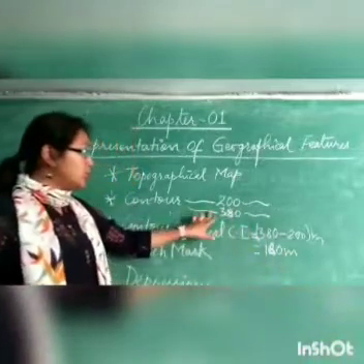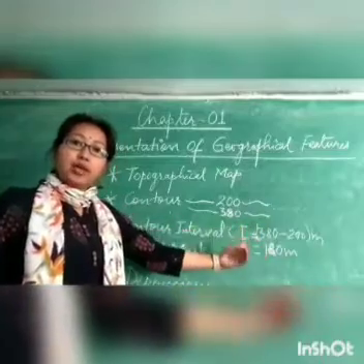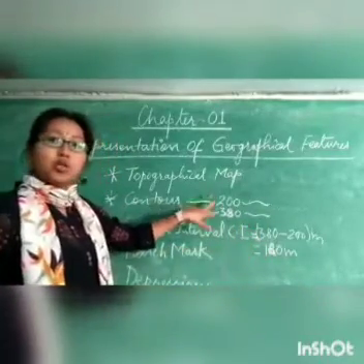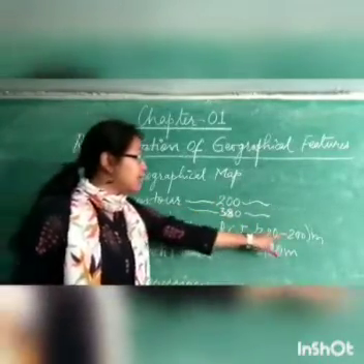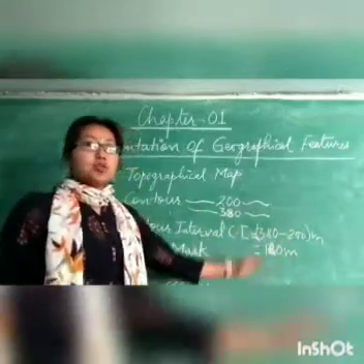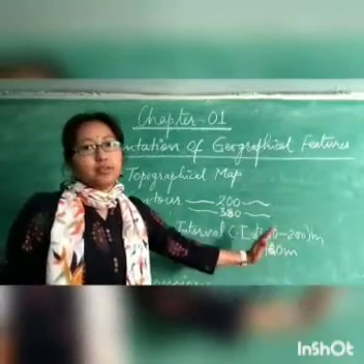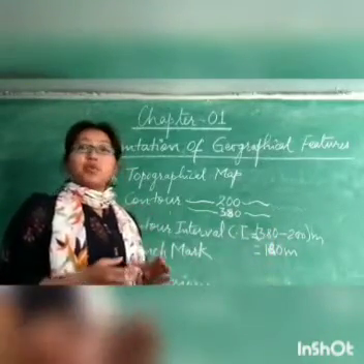So you are going to find out the difference between these two contour heights. 380 minus 200 meter, that's 180 meter. Clear? So this is how you are going to find out CI, that is contour interval. Let me give you one more example.